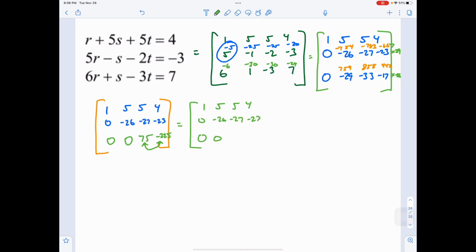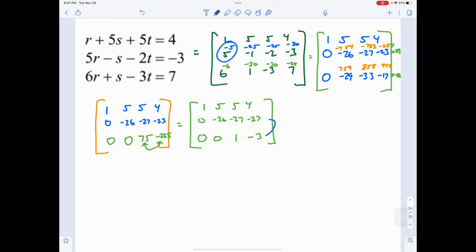And 0, 0, 1, and 225 divided by 75, sorry, is 3. So that's going to be negative 3 for us. And now we're going to work backwards to get rid of this third column here. Now that we have a 1, 1's really easy to manipulate to get rid of these other values in column 3.